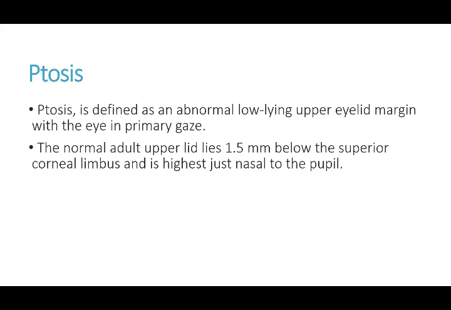Now, the fourth sign is ptosis. You have read about ptosis in the lid. Ptosis is defined as an abnormal low-lying upper eyelid with the eye in primary gaze. The normal adult upper lid lies 1.5 millimeters below the superior corneal limbus and is highest just nasal to the pupil.